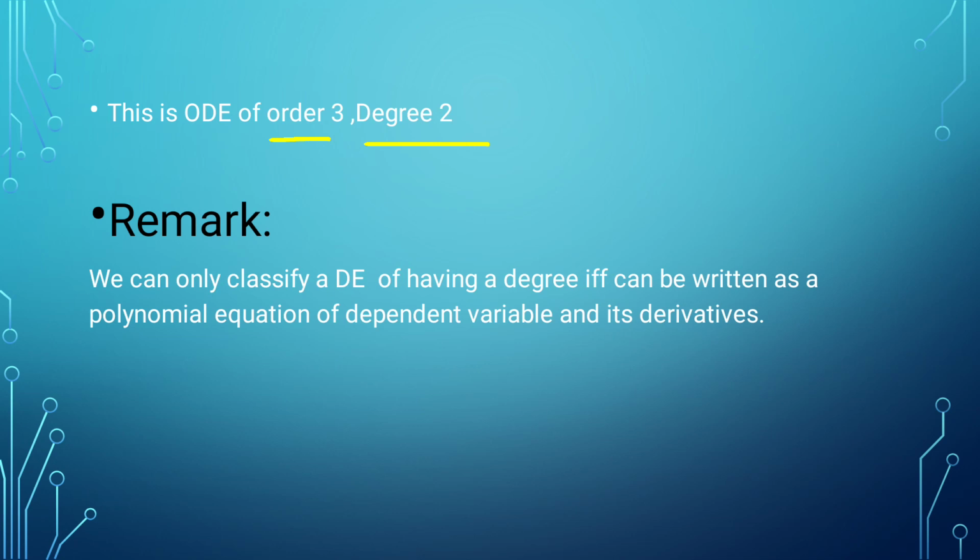So, a remark. We can only classify a differential equation as having a degree if, and only if, and this is very key, it can be written as a polynomial equation of the dependent variable and its derivatives.